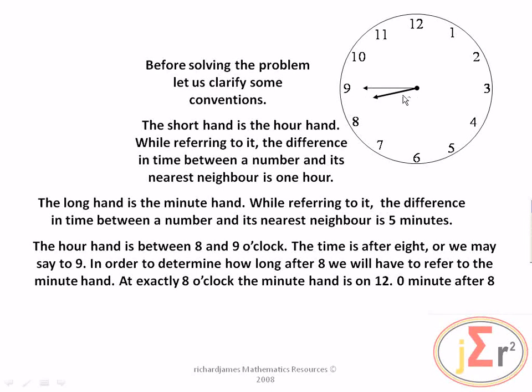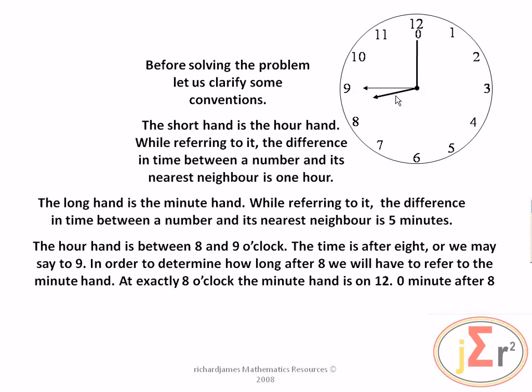But when it was exactly 8 o'clock, the minute hand was on 12. Right there. Which is 0 minute after 8. That is when this hand was exactly on 8. But we know that it is past 8.